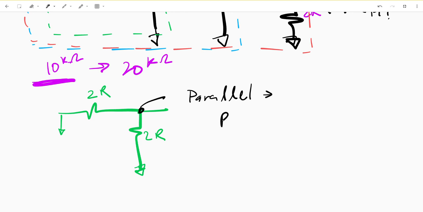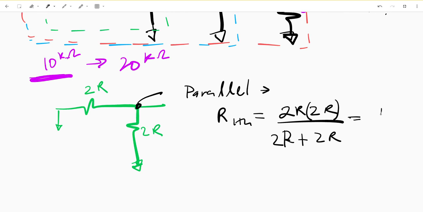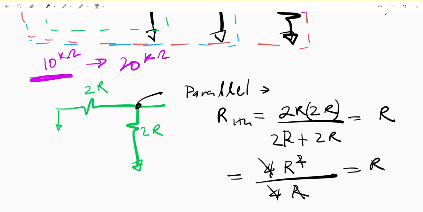As a result, R1 TH is equal to 2R times 2R divided by 2R plus 2R, and this equates to being R. How you see that is, this is 4R squared over 4R. You cancel this, and you get R. So now R1 TH is equal to R.